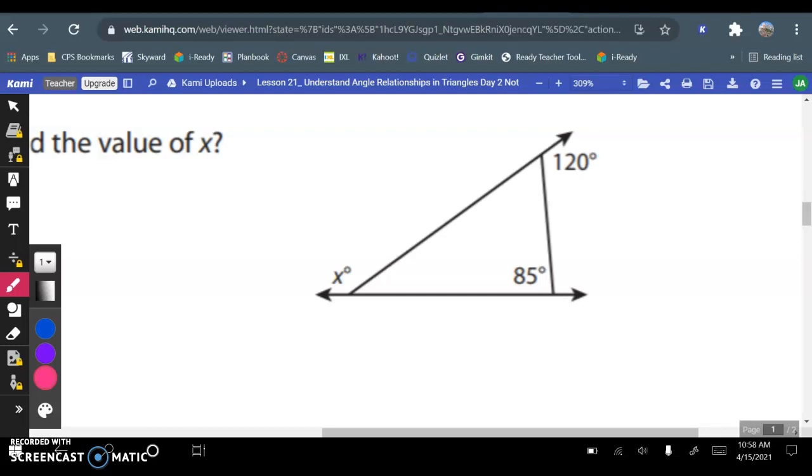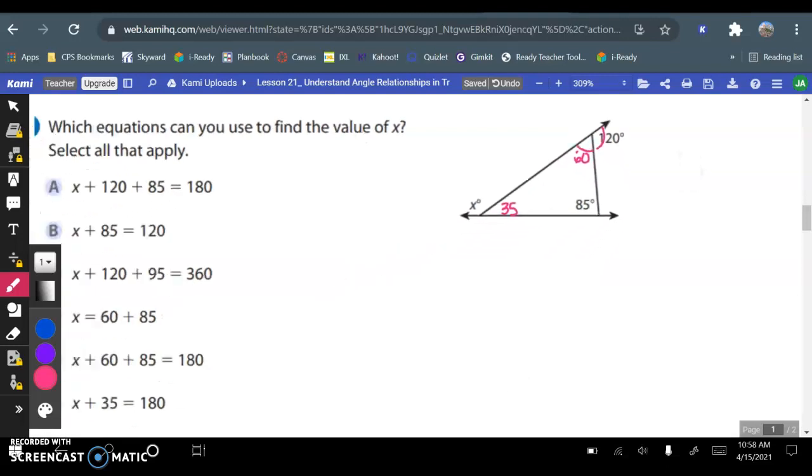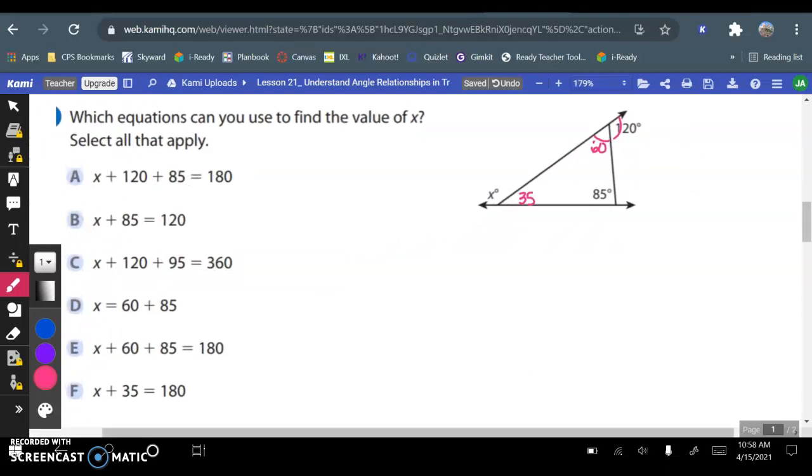So if this angle is 120 up here, to make this straight angle, this angle would have to be 60. And then 60 plus 85 is 145. And then to make 180 inside of the triangle, 180 minus 145 would be 35. And then that would make x 180 minus 35.